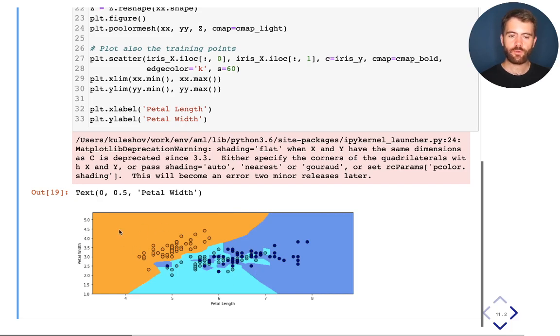So here the orange region is the partition of the feature space in which nearest neighbors will return the orange class, which happens to be the setosa flower. And the light blue and the dark blue regions are the partitions of the feature space in which nearest neighbors will return either the light blue or the dark blue class.